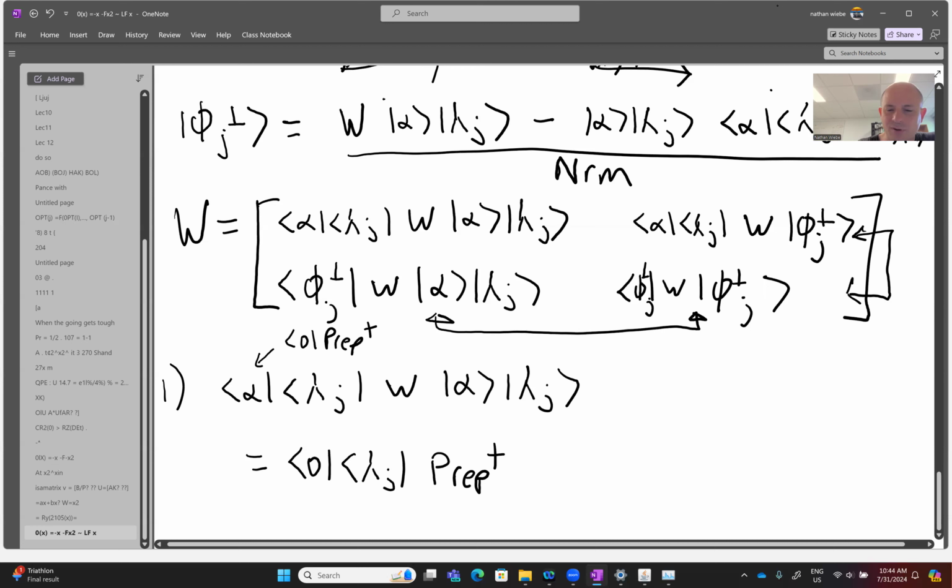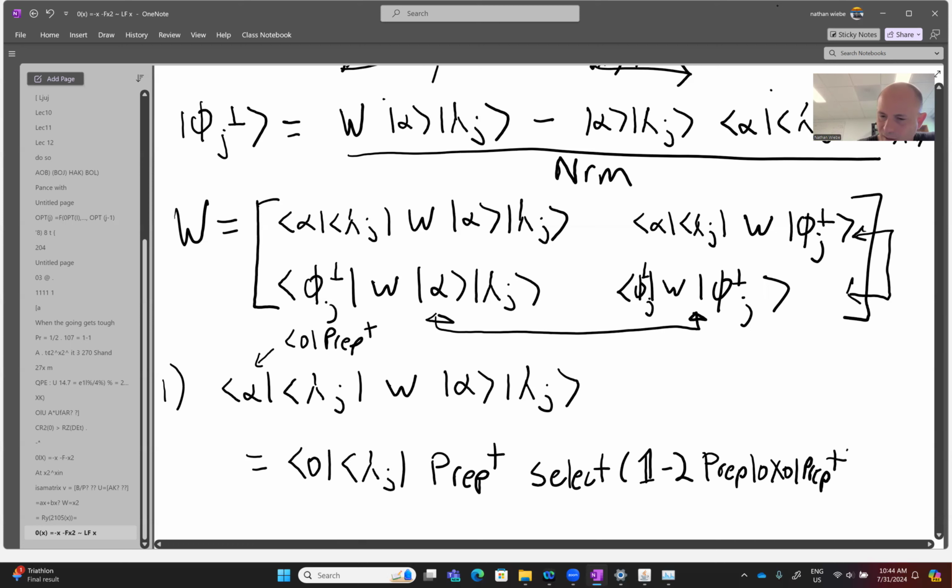Then we have W, which is select times identity minus 2 prep 0 0 prep dagger, acting on prep 0 lambda j.